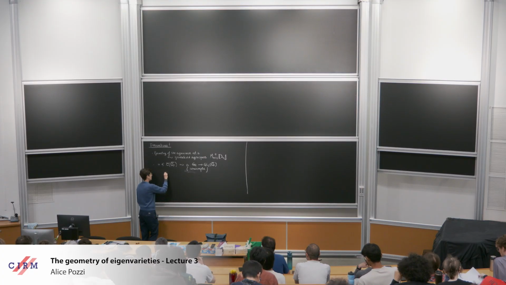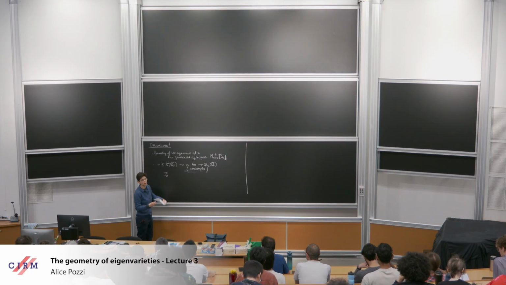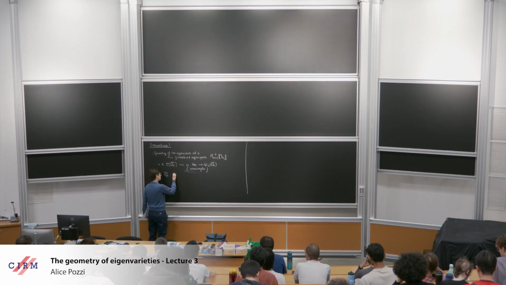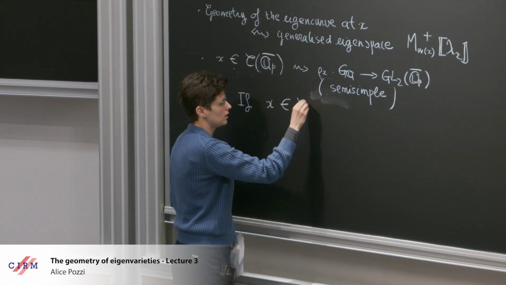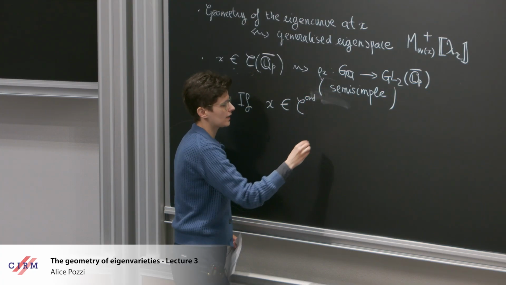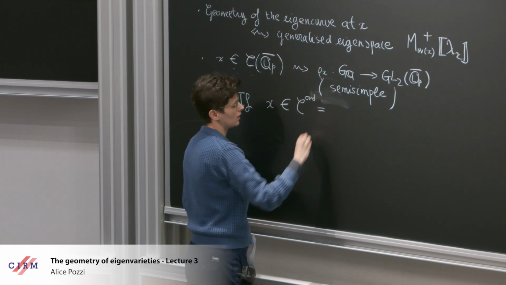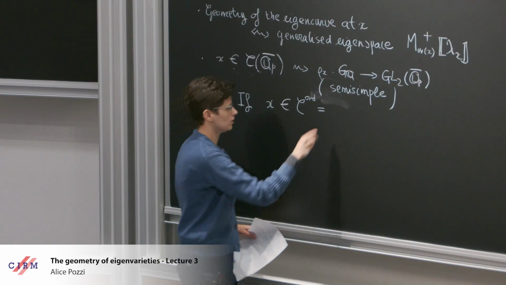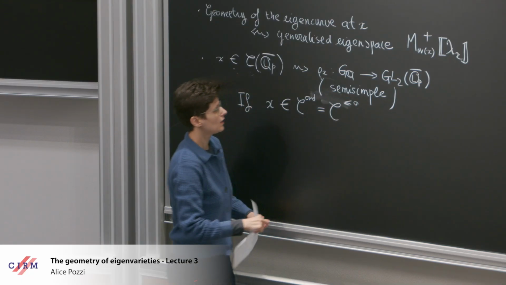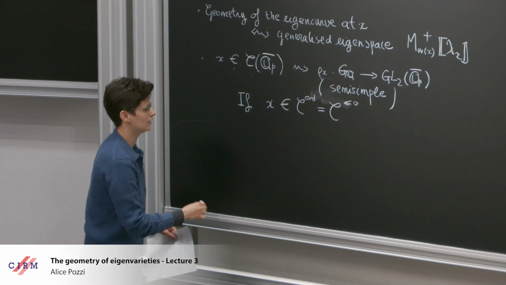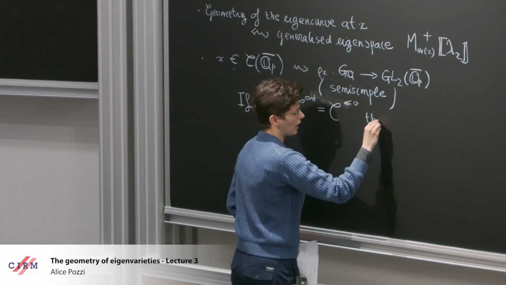If I take x that lies in what we call the ordinary locus of the eigencurve, which is the locus in which the U_p eigenvalue is invertible, maybe denoted by slope less than or equal to 0, then the local condition at p is easy to describe.